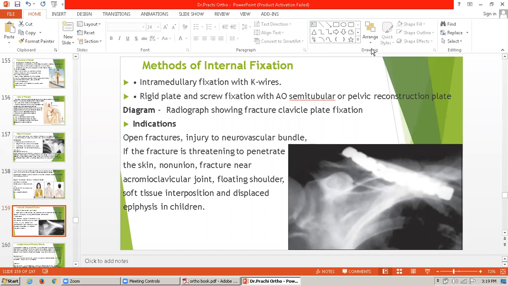The indications are open fracture, injury to the neurovascular bundle, a fracture threatening to penetrate the skin, non-union, fracture near the acromioclavicular joint, fracture of the shoulder, soft tissue interposition, and displaced epiphysis in children.